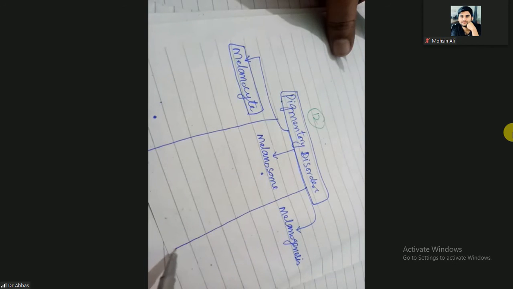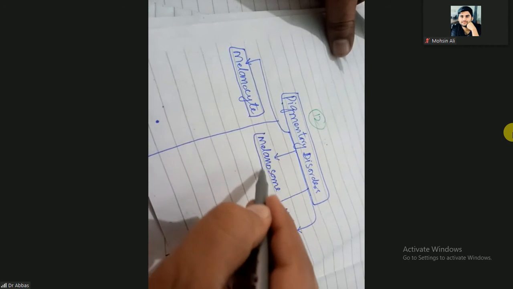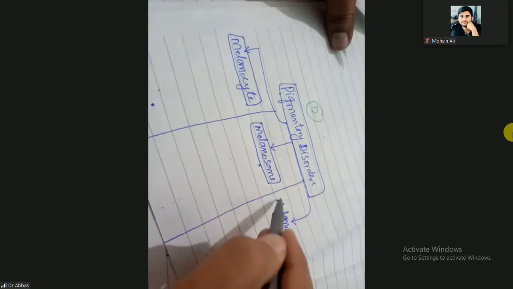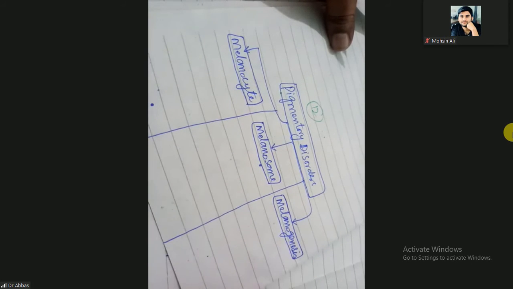Melanosome means the granules present in the melanocyte. Melanogenesis is the synthesis of the melanin.